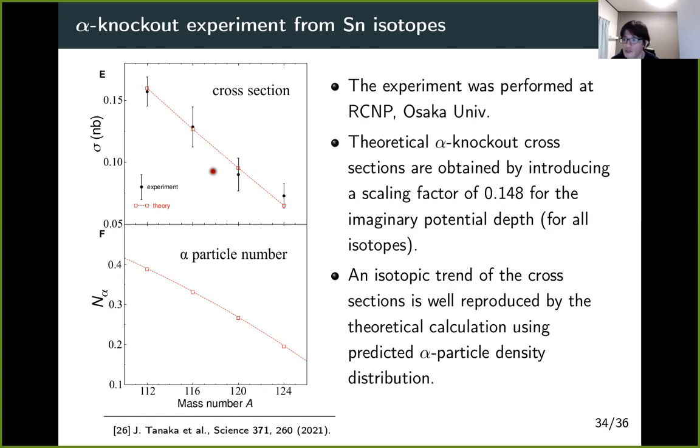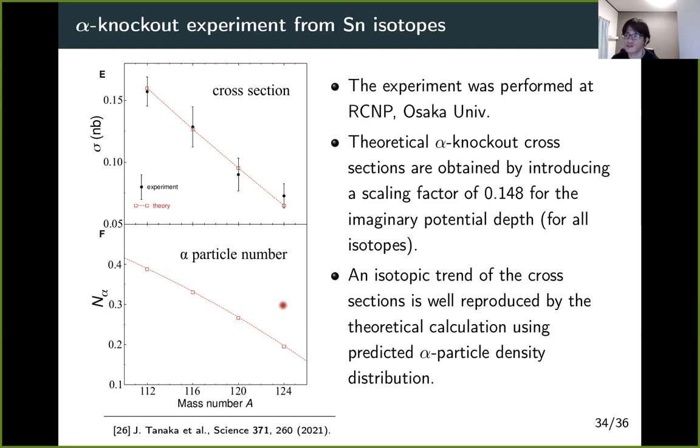But the important thing, I believe, is that this trend, this slope along isotopes, is very well reproduced. And this is consistent with the theoretical calculation by Typel, as I showed before.